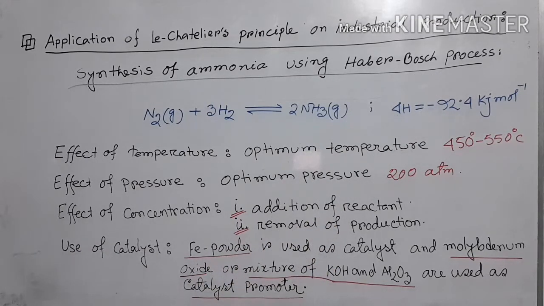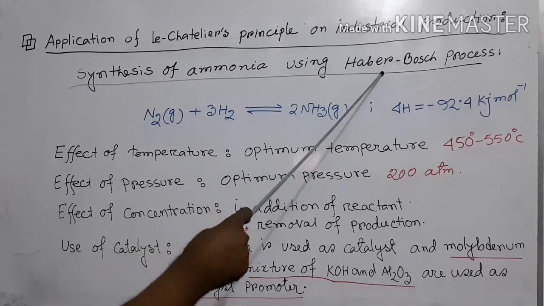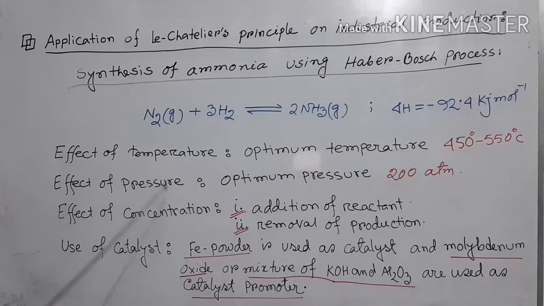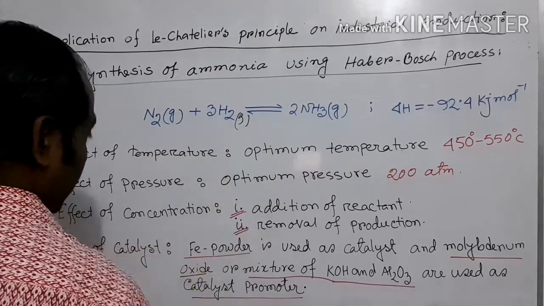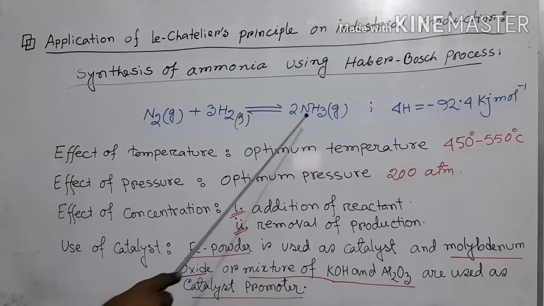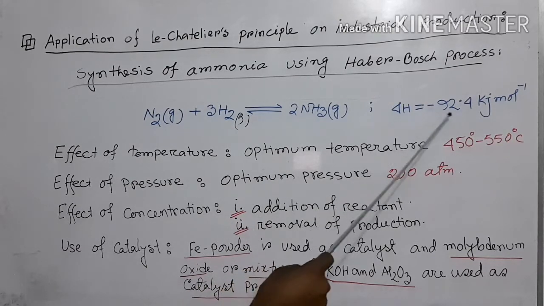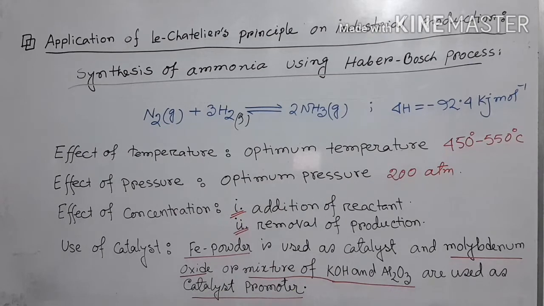In industry, large amount of ammonia is produced from nitrogen and hydrogen using Haber-Bosch process. You see the reaction: nitrogen plus 3 hydrogen, product is ammonia, and here we get ΔH equal to minus 92.4 kilojoule per mole.